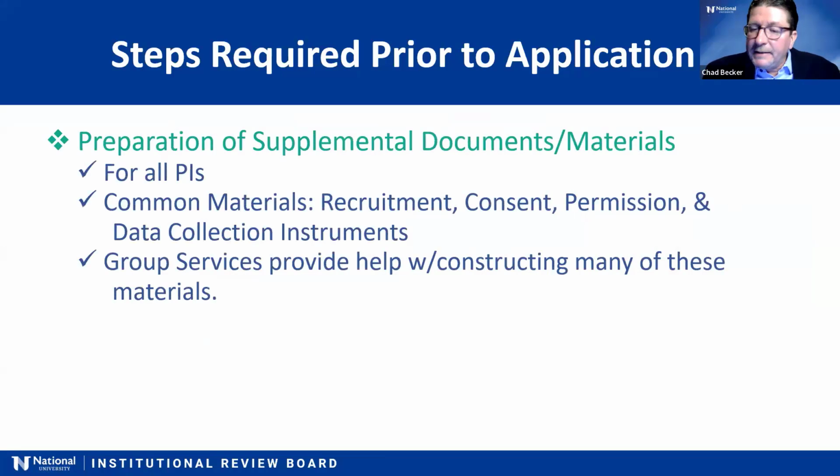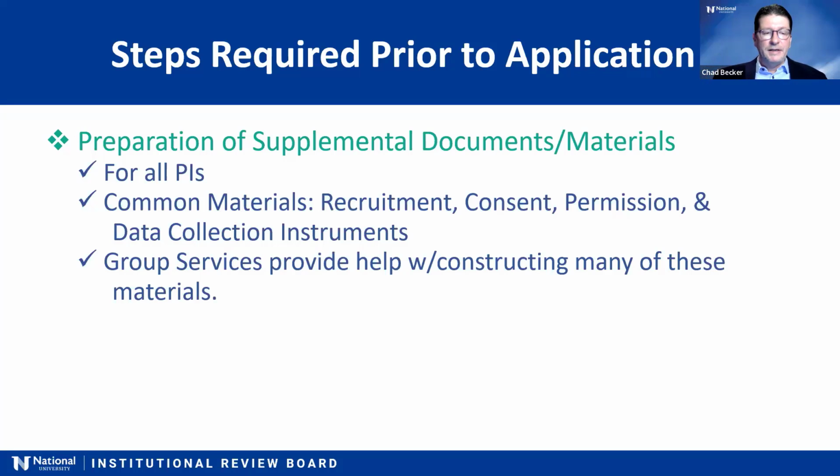So the main things that need to be completed before you can apply, because we have those suggestions, we have a couple of requirements. You have to have CITI certification. We want you to explore our resources. We even want you to go to our group writing sessions. But there are 2 things that are absolutely required for you to apply to the IRB.